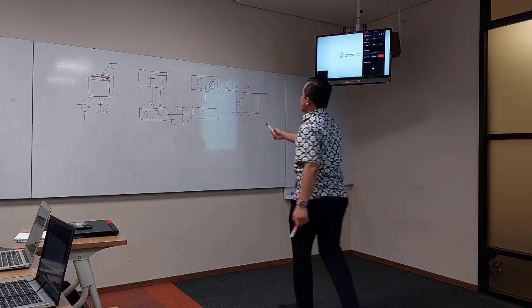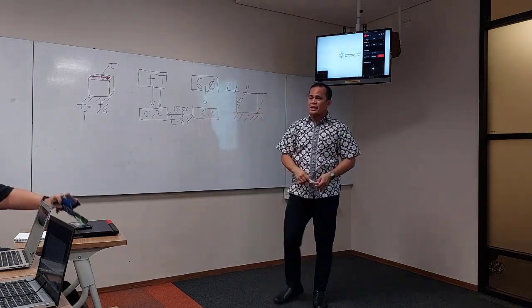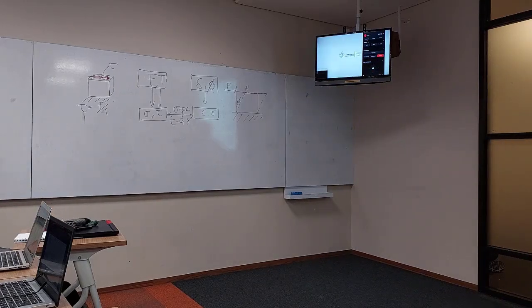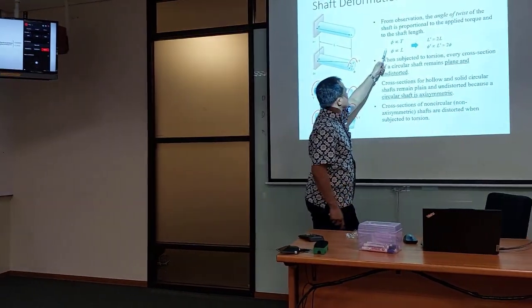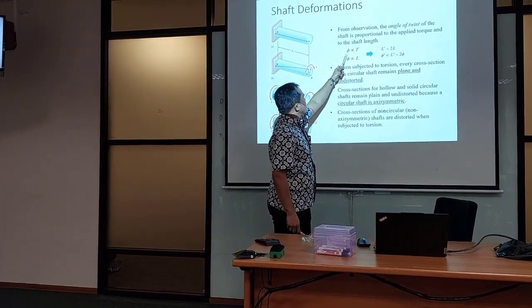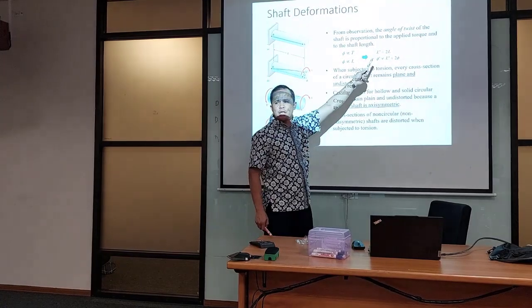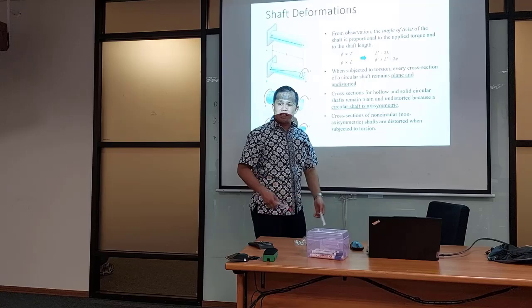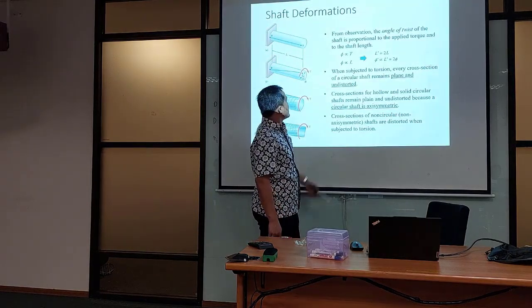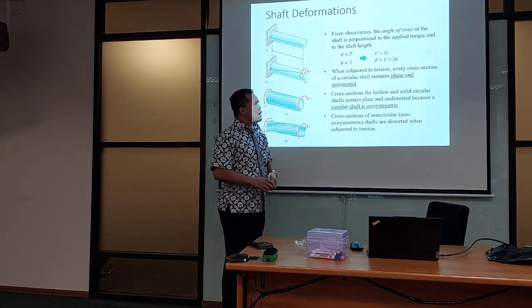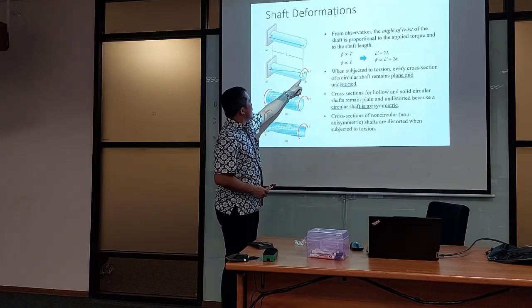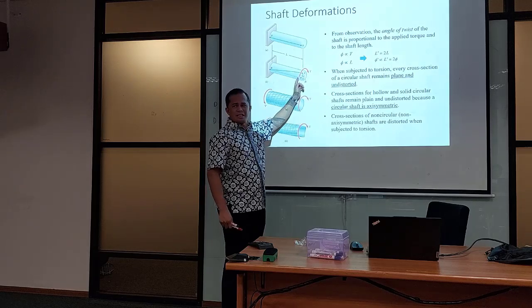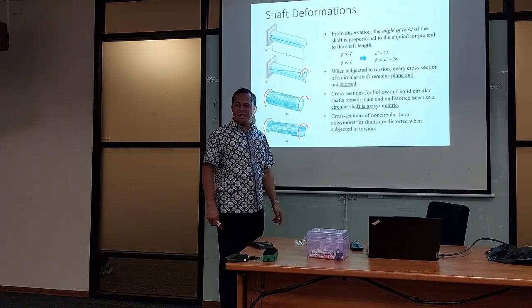Therefore, we can translate this as a straight line. Phi is proportional to torque. Agree? The larger the torque, the larger the displacement. However, you will also see that the longer your shaft, the larger phi will be.